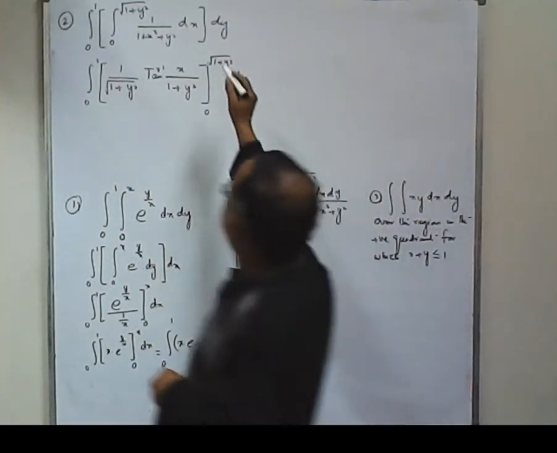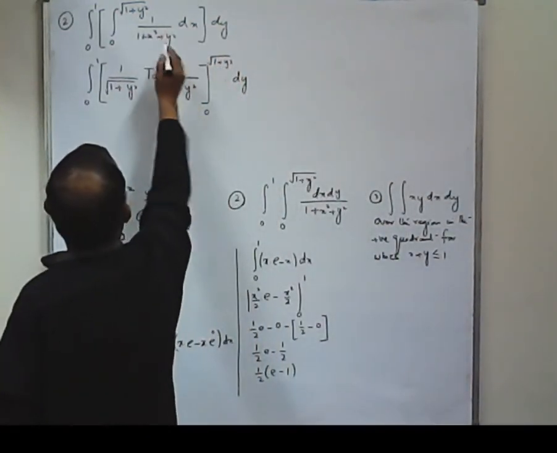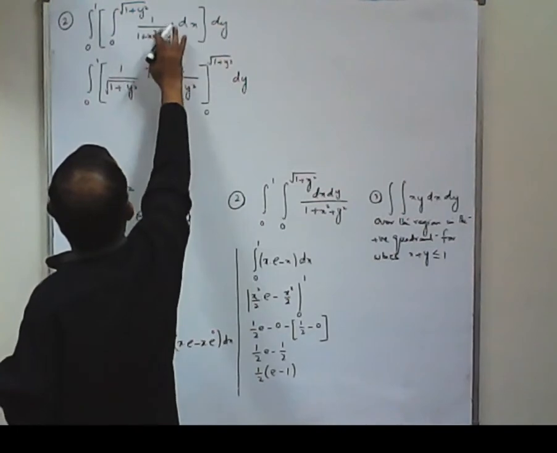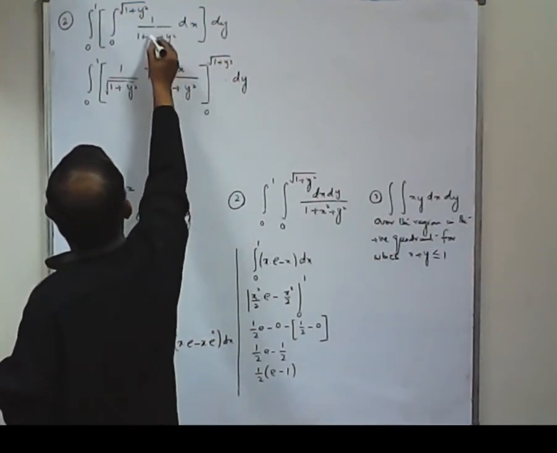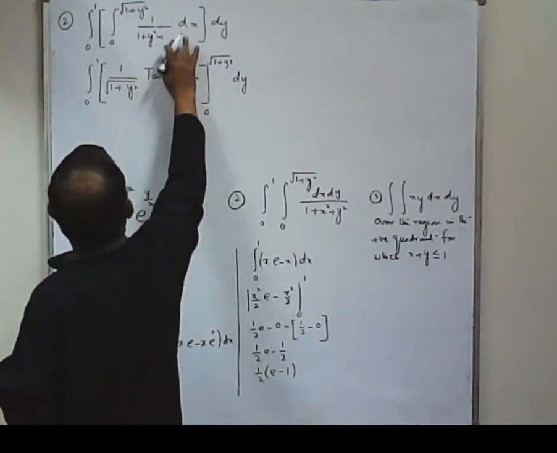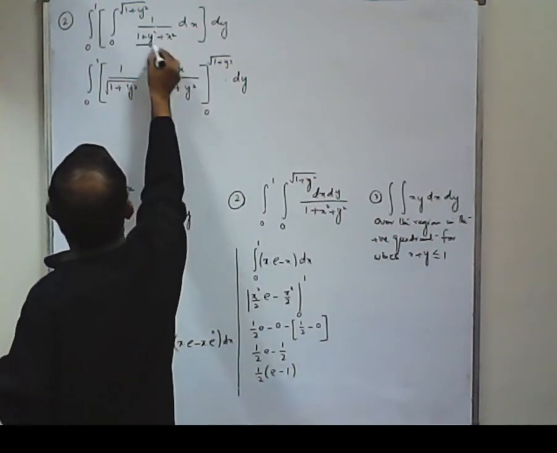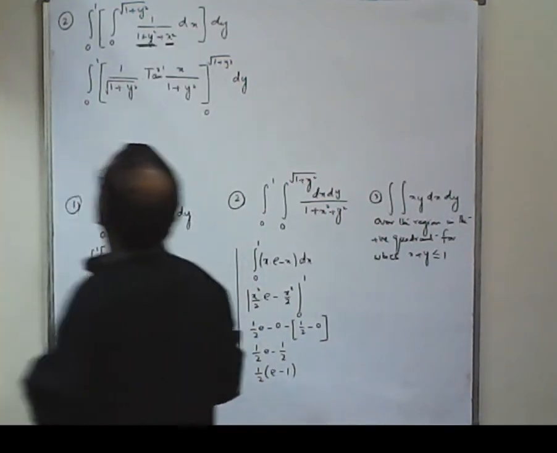I am applying the formula. How am I treating this? If I write it in this form, this is constant and this is variable.